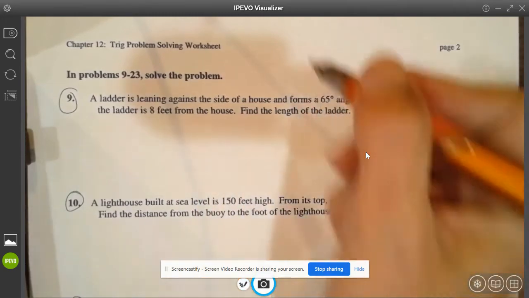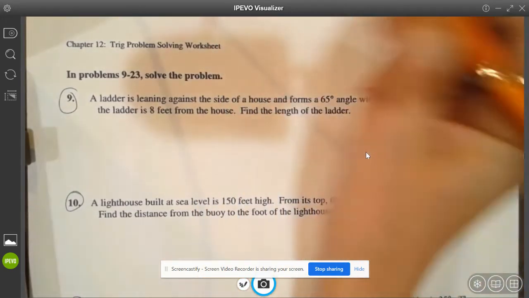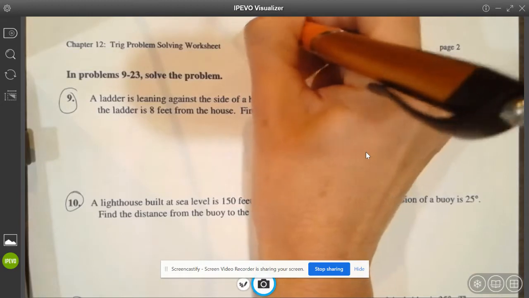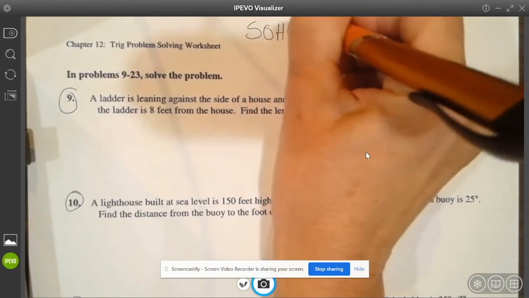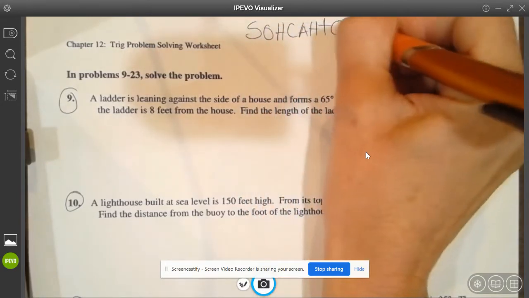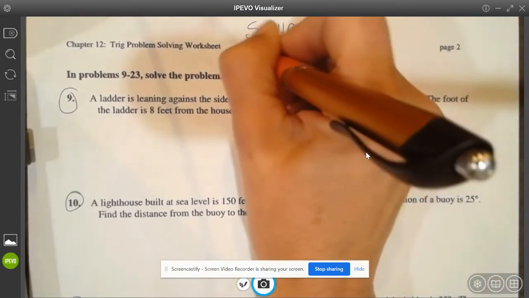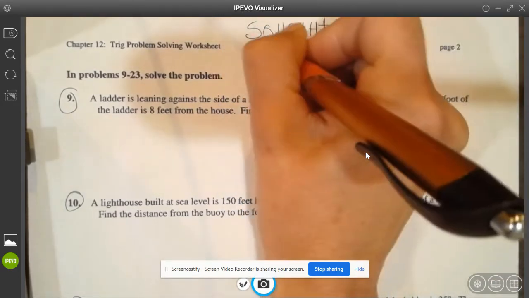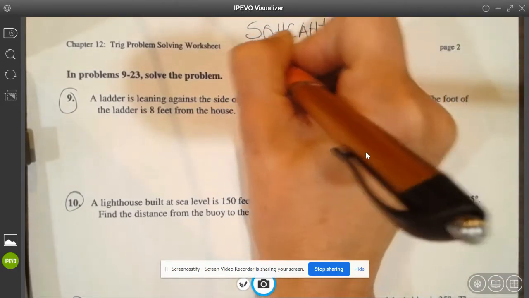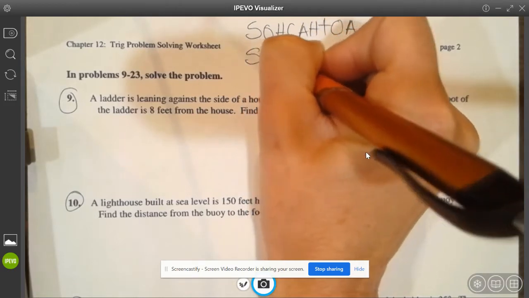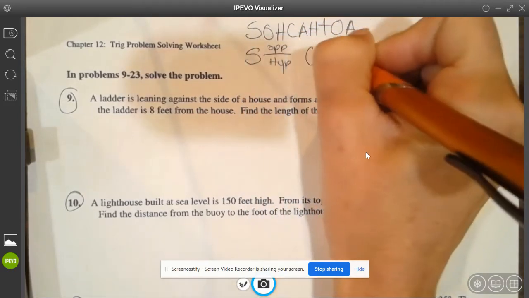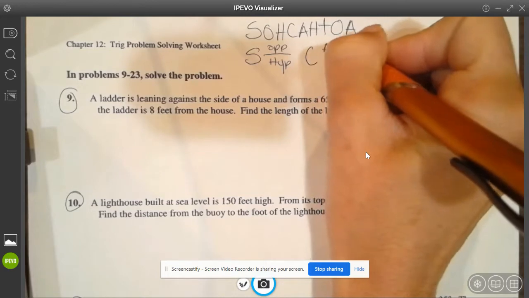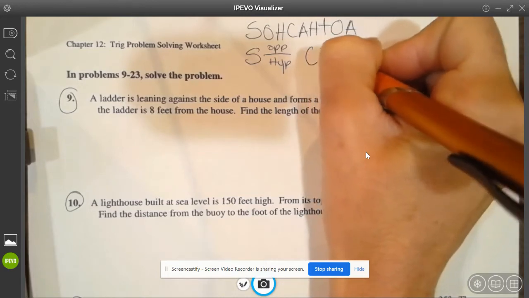The first thing we're gonna remember is our SOHCAHTOA, right? Sine is opposite over hypotenuse. Cosine is adjacent side over hypotenuse.